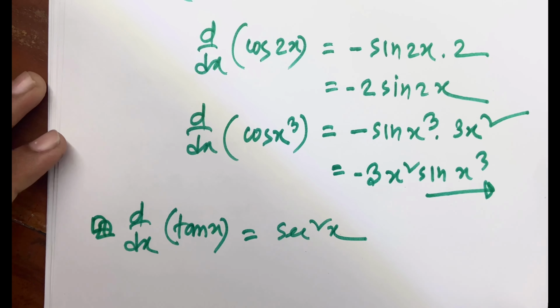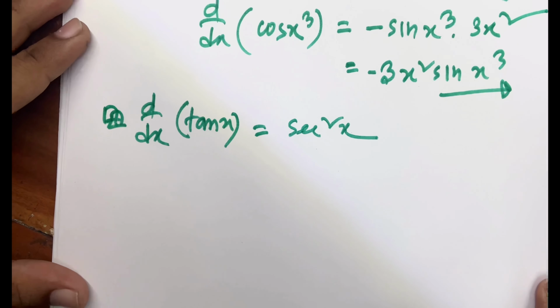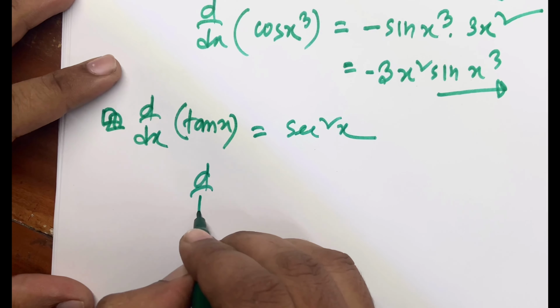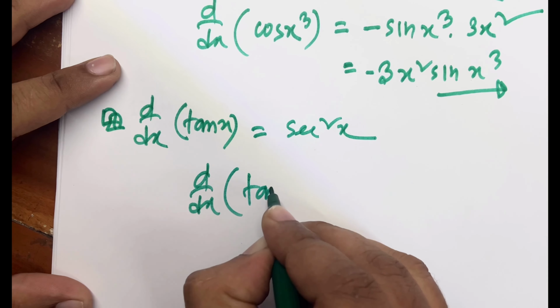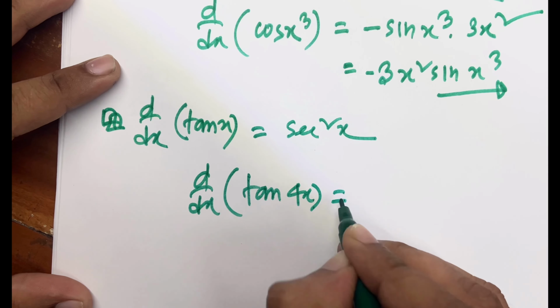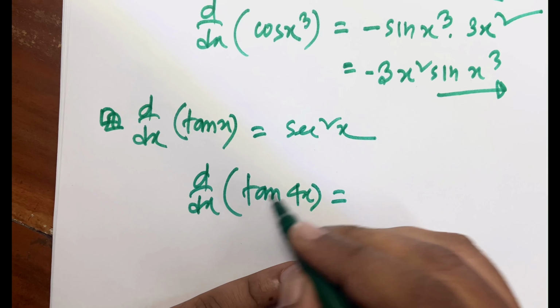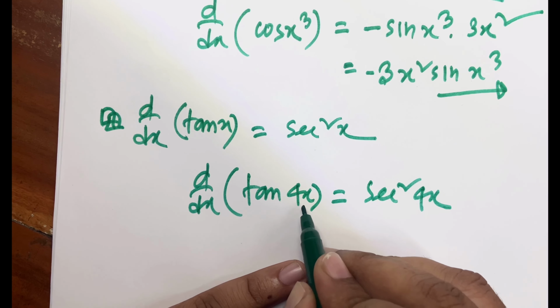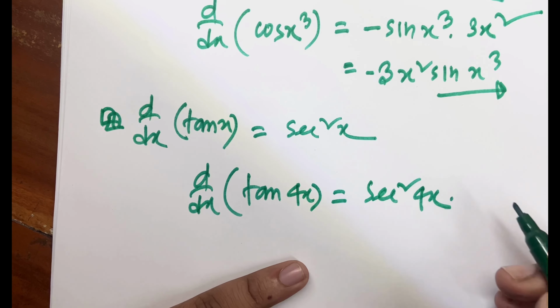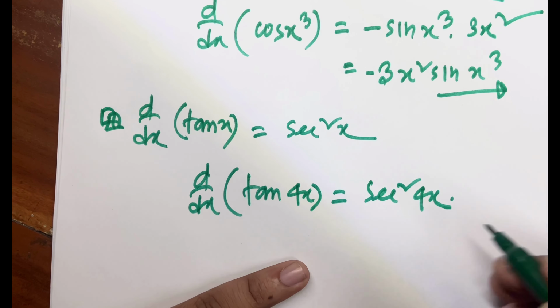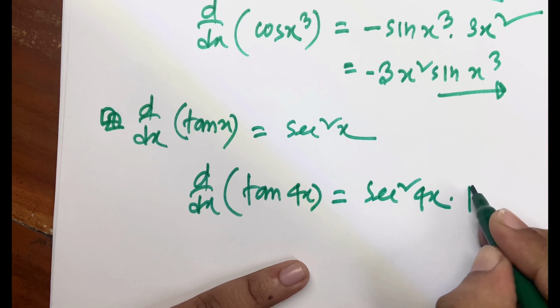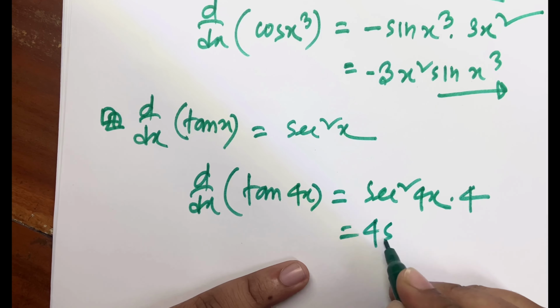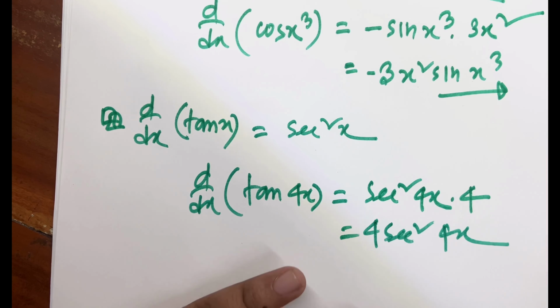Okay, now if you say d/dx of tan 4x, you find sec square 4x, and if you again take d/dx of 4x, this time you find it is equal to 4, so this answer is 4 sec square 4x.